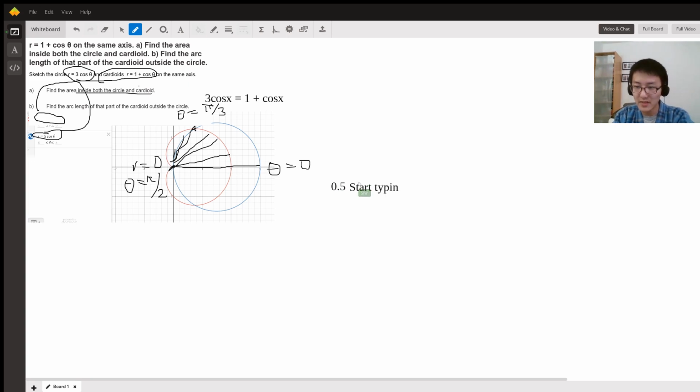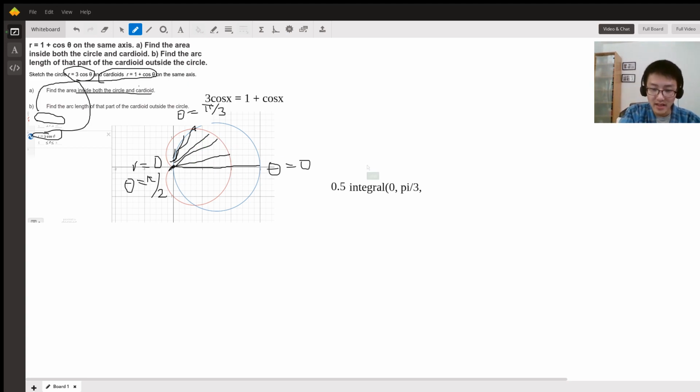Okay, so now we can complete our area. So we'll type the area. All right, so 0.5 times the integral from 0 to pi over 3, because remember, as I said earlier, the cardioid is leading the radius here, and you extend it all the way up to here.